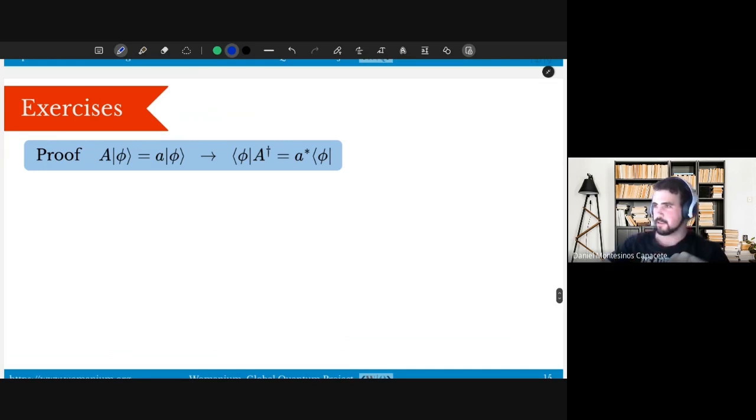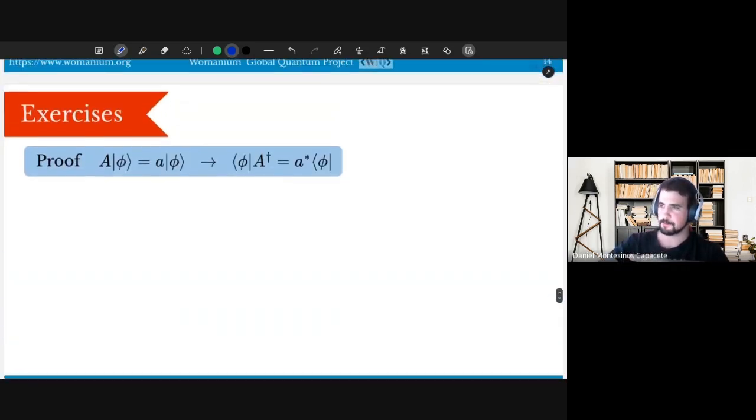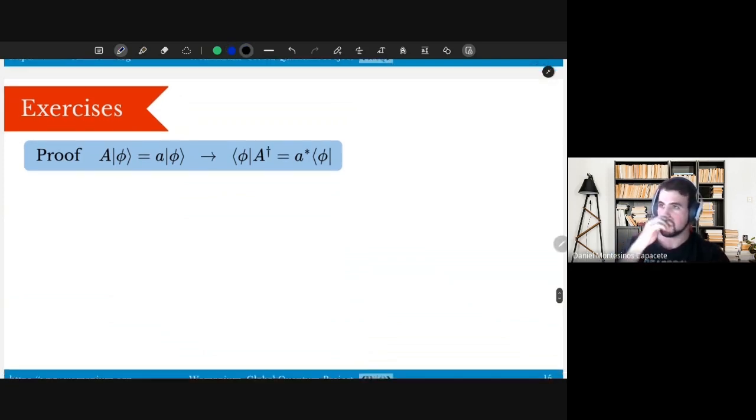Here I have another exercise. There is a little more stuff to discuss, but this is not so long. We will take a little more than an hour, but I hope that's okay. So we have an operator that acts on a vector and gives you the same vector, but multiplied by a number.